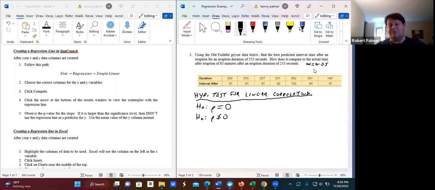That's our significance level. I already have this data plugged in, and we can do this on StatCrunch. This will give us the information we need, but also our regression line and our scatter plot. Let's go back and take a look at that.